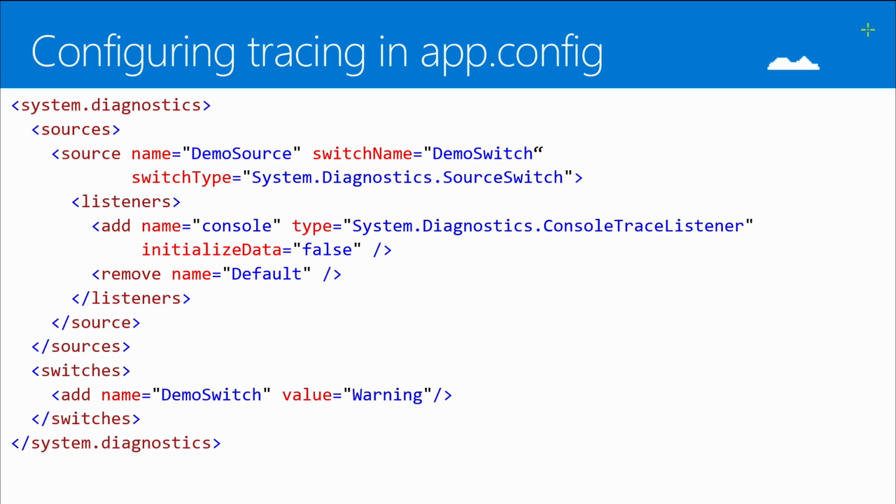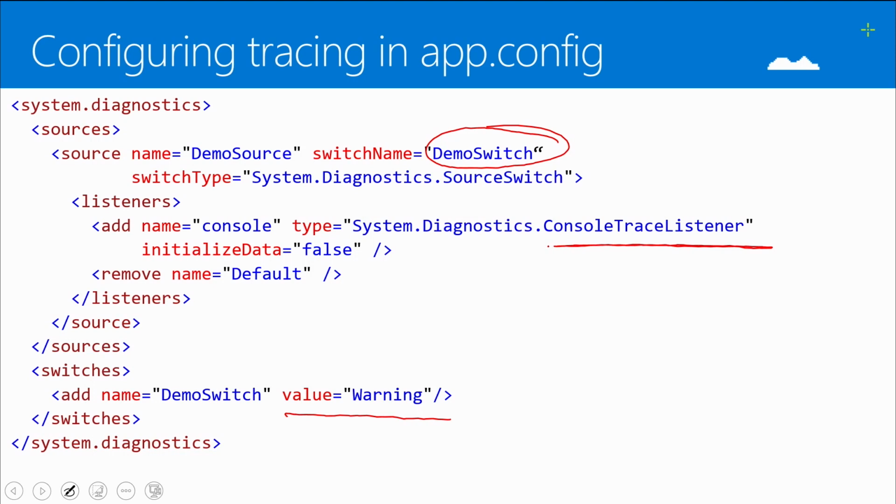As far as tracing goes, if you want to configure that inside of app config, then what you're going to need is two main items. You're going to need a switch, which is going to indicate the level that you're going to want. So that could be verbose, information, warning, or error.